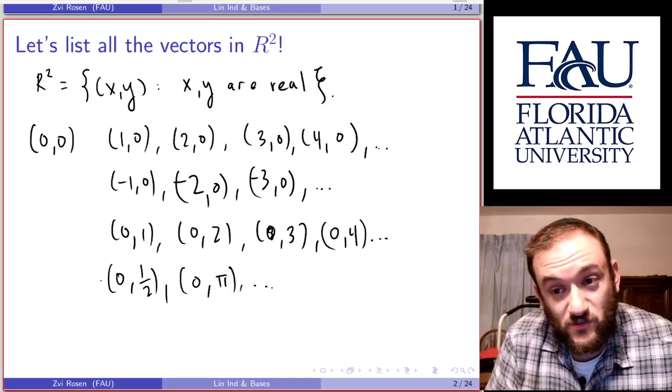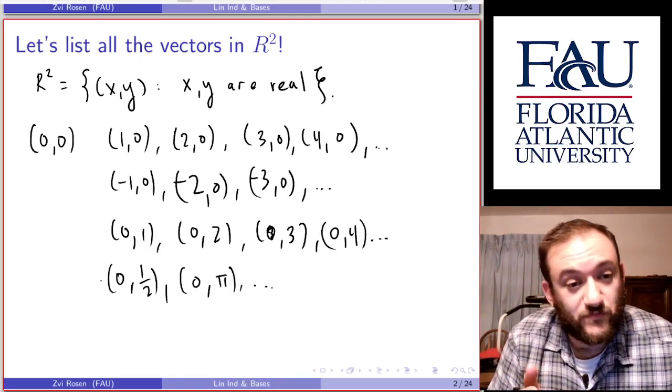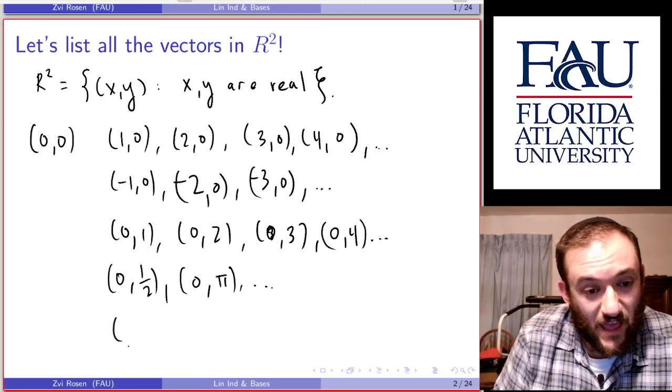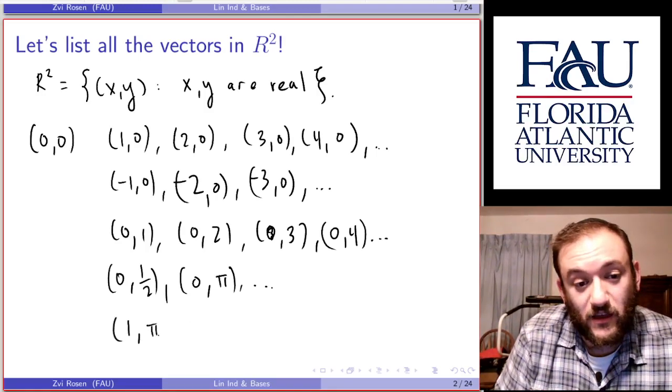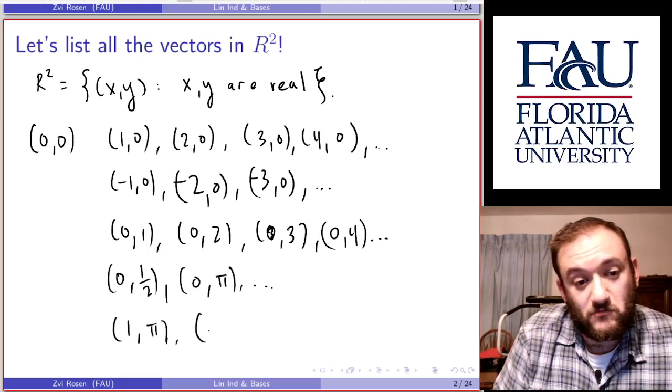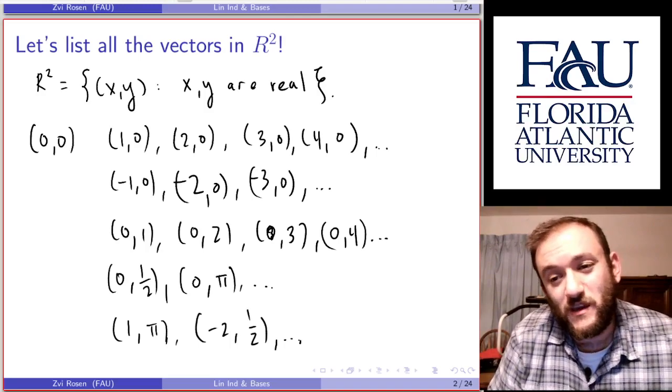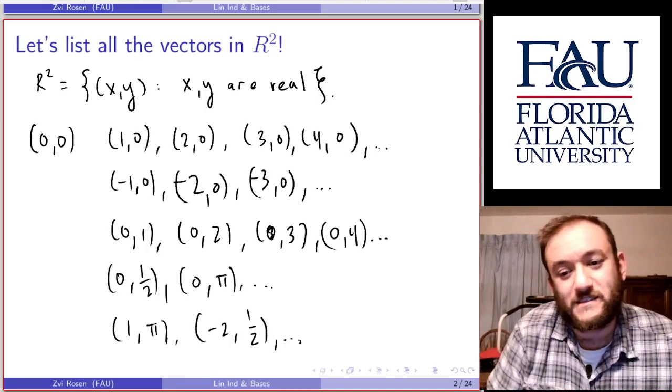And throughout this whole thing, I'm only using vectors where one of the coordinates is 0. So we could add these together. We could get 1, pi, minus 2, half, etc.